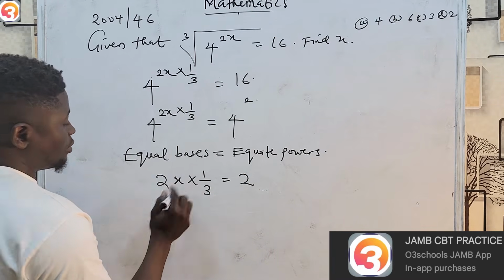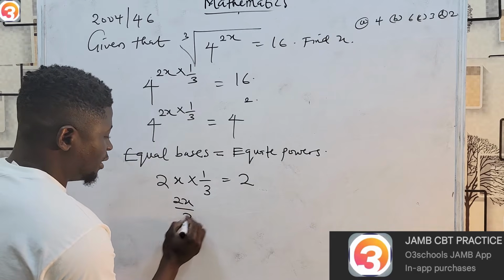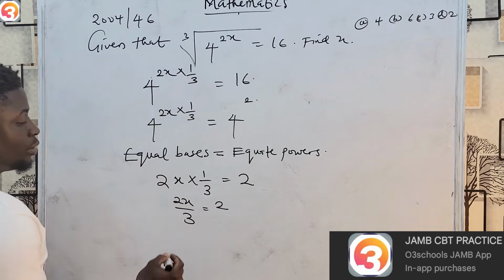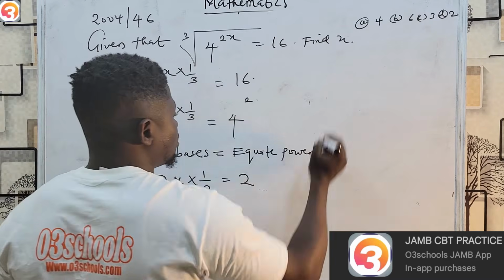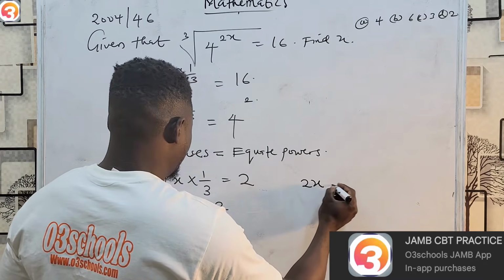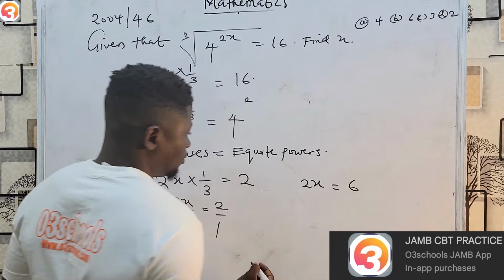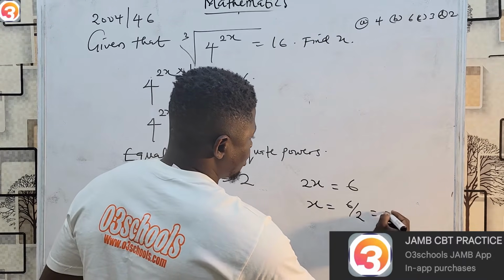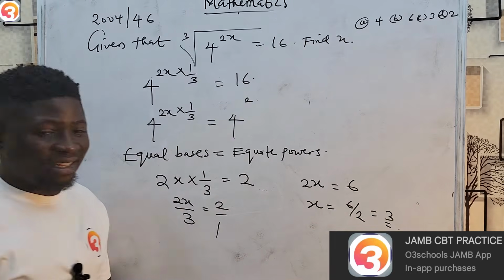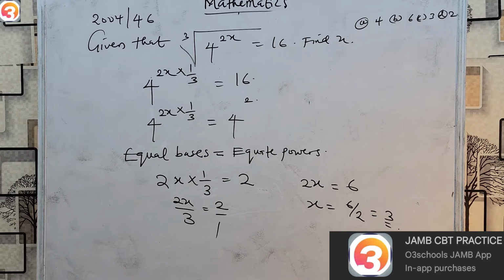So 2x times 1 is 2x over 3 is equal to 2. Multiply 3 times 2 is 6, so 2x is equal to 6. Divide both sides by 2, x will be equal to 6 over 2, which is 3. It is very, very simple.